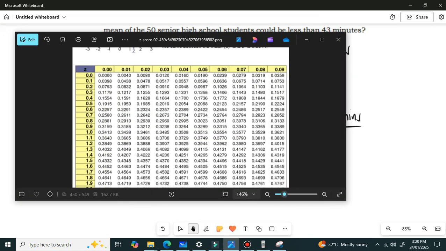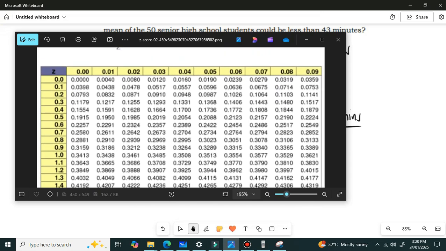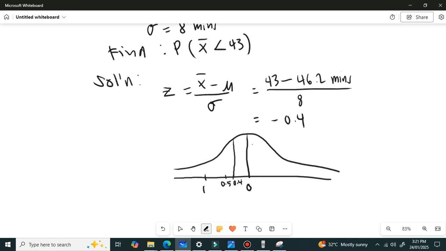We look for the row which has 0.4 and then the column with 0.00. So let us look at the intersection. 0.4 and 0.00 will give us 0.1554.